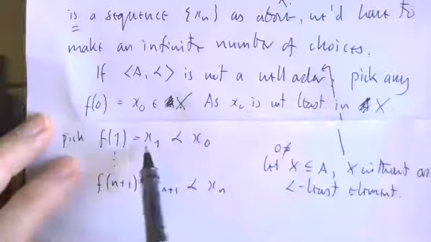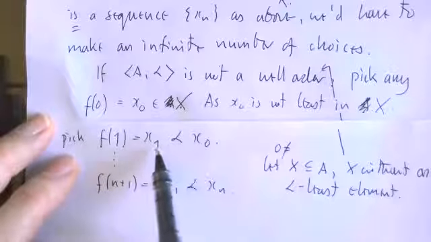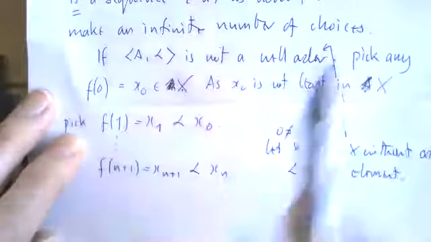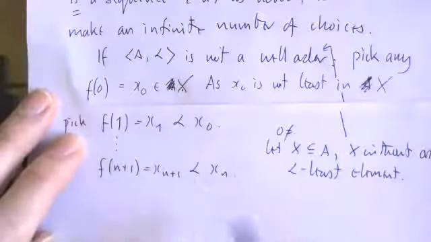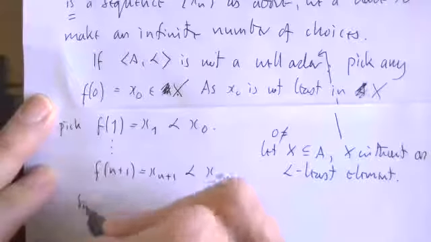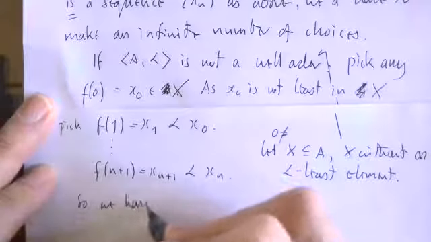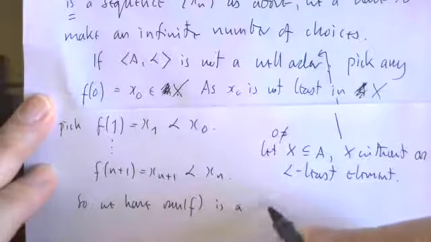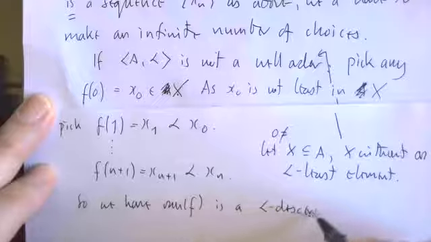So I pick an x1 that's below it. x1's not least, etc. So my set of these xn's becomes a descending chain through X. So we have that the range of f is a descending chain.